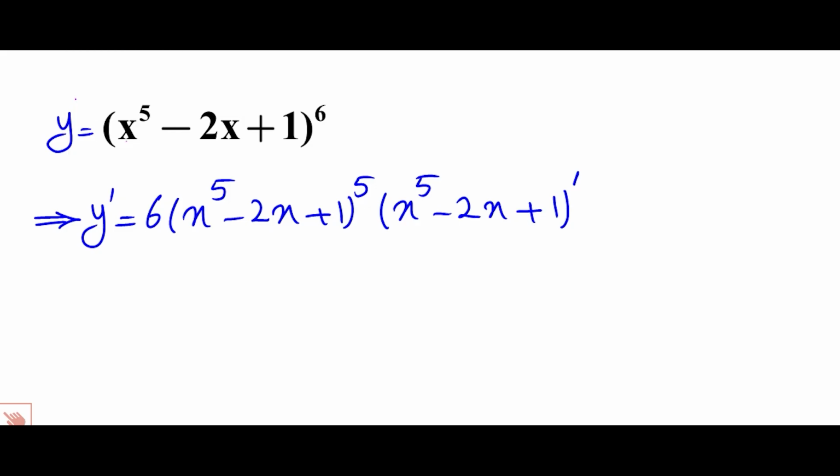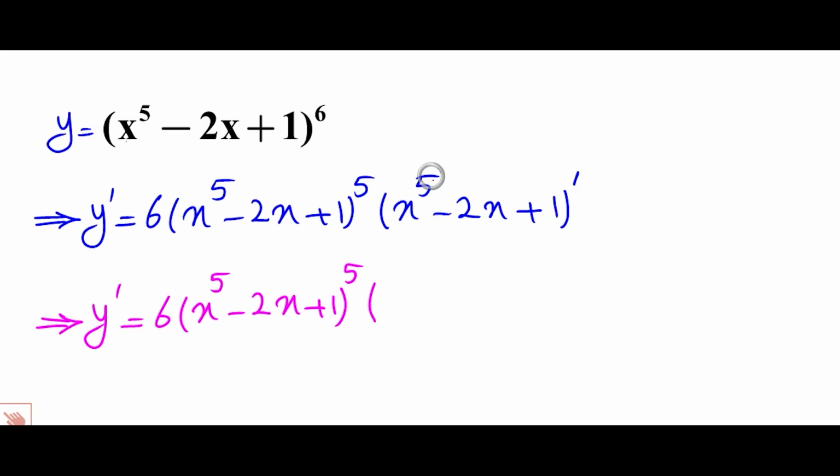So we have y prime is equal to 6 times x to the 5th power minus 2x plus 1 to the 5th power times the derivative of x to the 5th power, which is 5x to the 4th power, minus the derivative of 2x, which is 2, and the derivative of 1 is nothing.